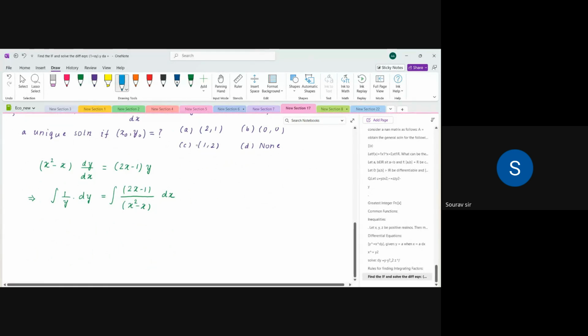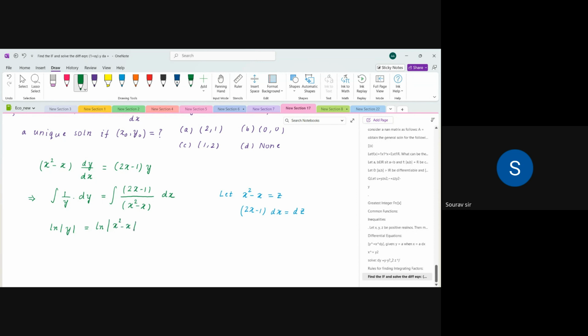And for the RHS, if you take your x squared minus x to be some z, then your (2x minus 1) dx will be equal to dz, right? So that means you have log of mod y is equal to log of mod (x squared minus x) plus c, right?